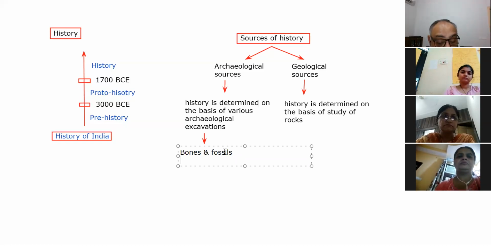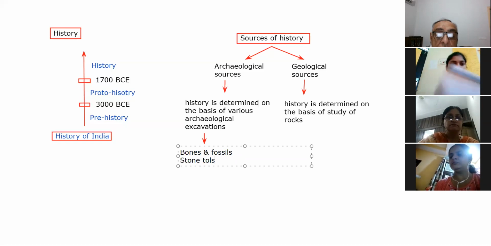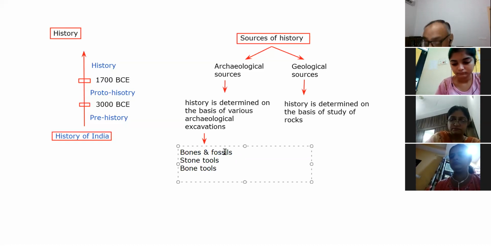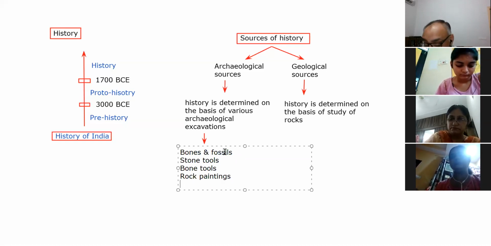And second, there can be stone tools available, bone tools available, rock paintings, and then there can be artifacts, right?